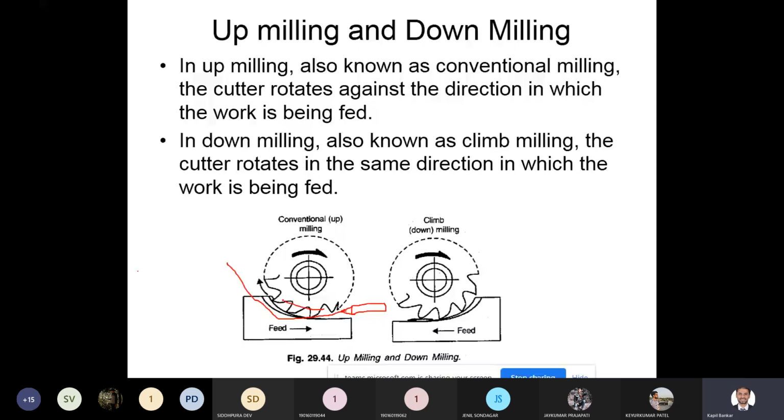These are some teeth, so due to the higher speed and the teeth, it is spread over here. So it is slightly more difficult. If you compare both methods, in up milling it is facing some difficulty compared to this machining. Got my point?